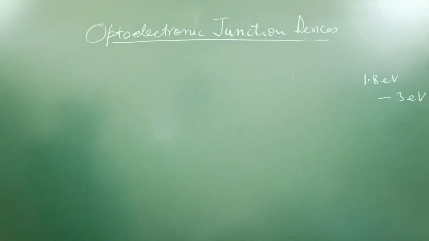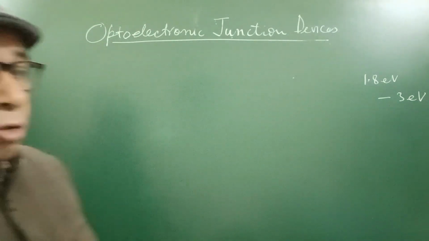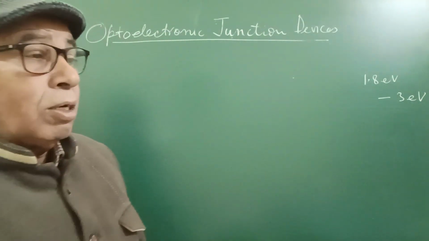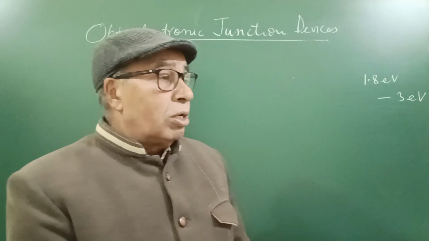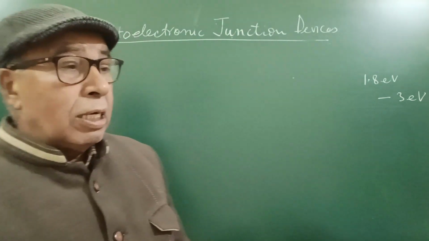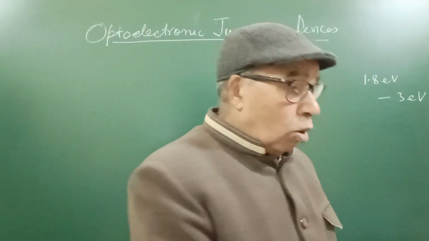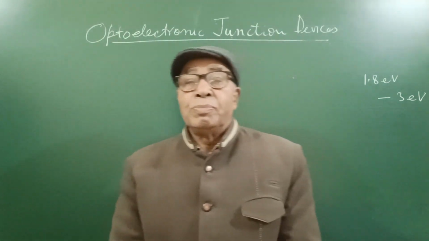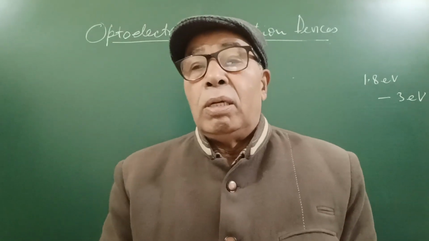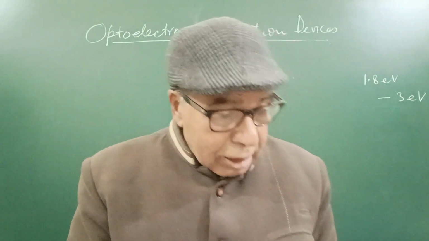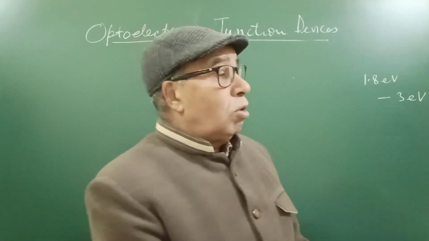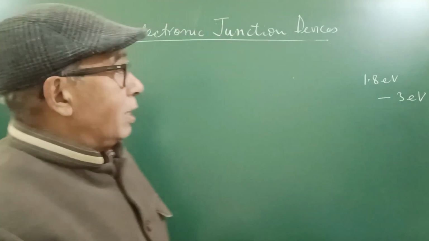By absorbing the energy of a photon falling on the semiconductor, an electron can go to the conduction band, thereby the number of electrons in the conduction band and holes in the valence band increases. This increased number of electrons and holes increases the conductivity, and that is called photoconductivity.